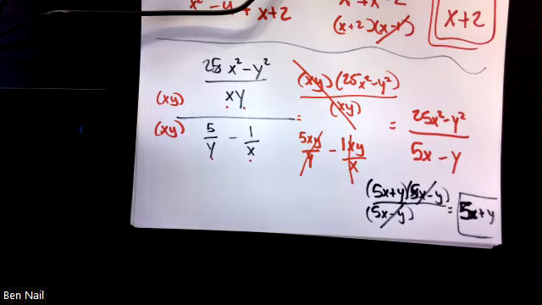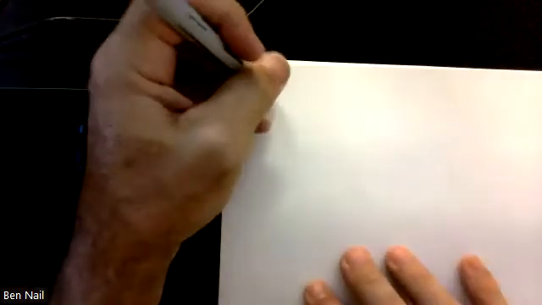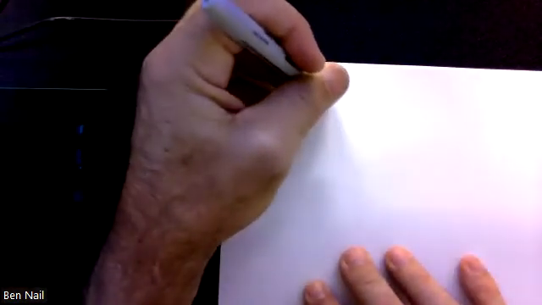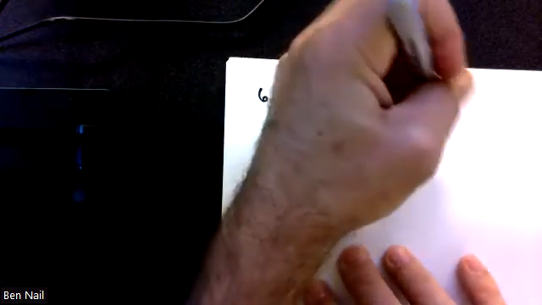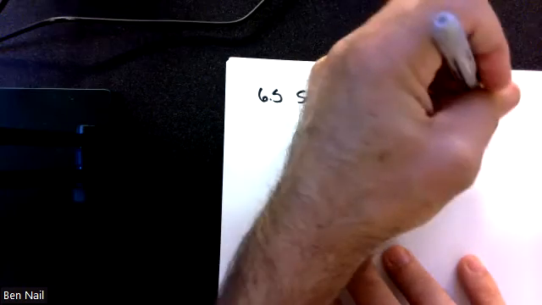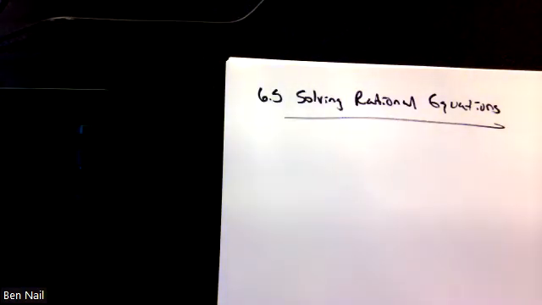Okay, the last thing that we're going to cover is section 6.5. And 6.5 is all about solving rational equations. So 6.1, 6.2, 6.3 were all about simplifying.